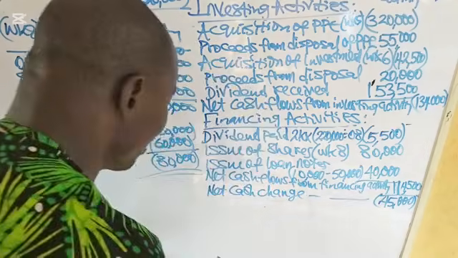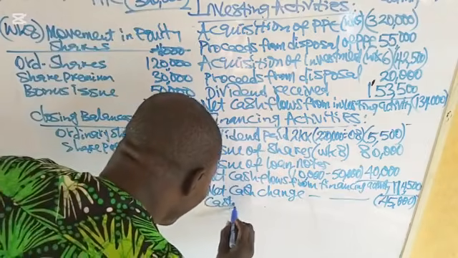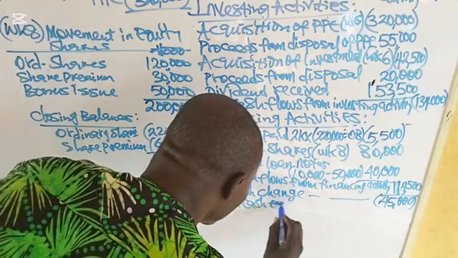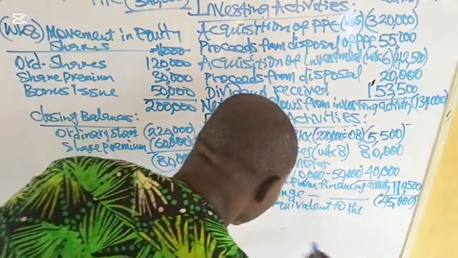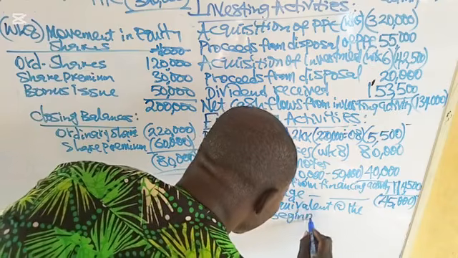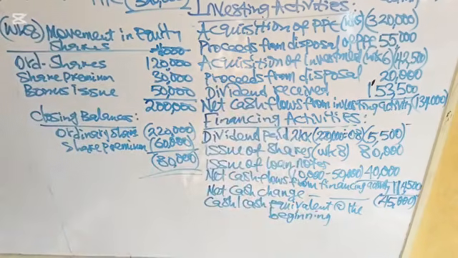After net cash change, we have cash or cash equivalent at the beginning. Loan is an inflow.